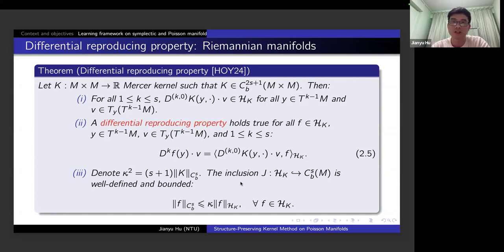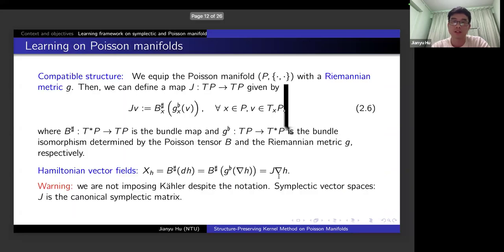This theory is very important, not only to guarantee the well-posedness of the minimization problems, but also to provide an operator framework to represent the minimizers. Okay, but before introducing the operator framework, we first rewrite the Hamiltonian vector field using the compatible structure.